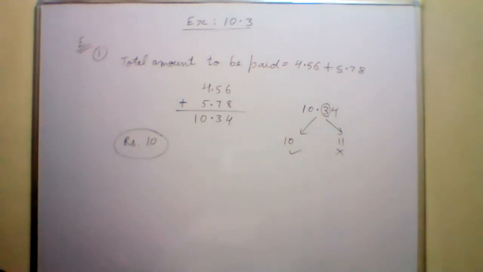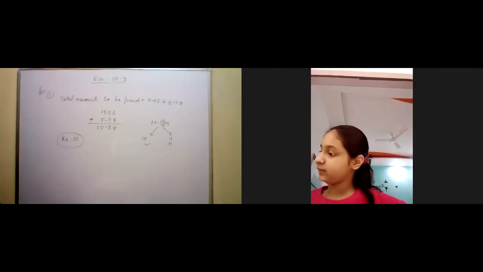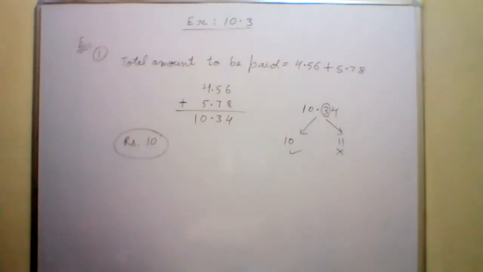Sir, I can understand the fourth question, but how do we write the sentence? You don't have to write anything. Your answer will be: 7:37 p.m. rounded off to nearest 5 minutes equals 7:35 p.m. This is your statement.